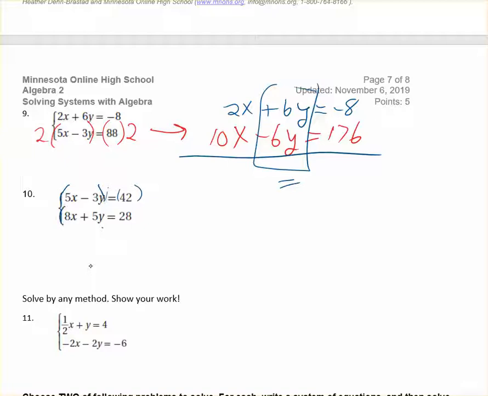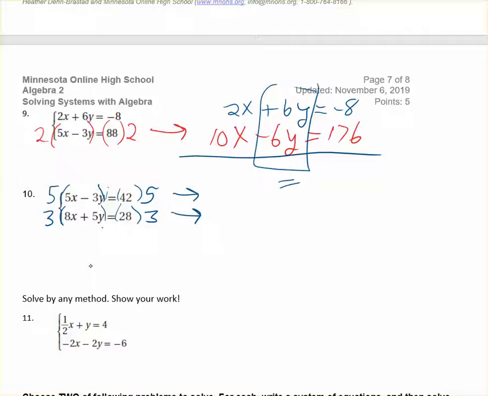So I'm going to need to multiply both top and bottom by a number so that I can get the same coefficient in front of the x or the y. Since the y term already has one positive, one negative, I'm going to try to get the y's the same. And I can do that by saying, well, 3 times 5 is 15, so I can multiply everything on the top by 5 and everything on the bottom by 3. Let's see what we get if we do that.